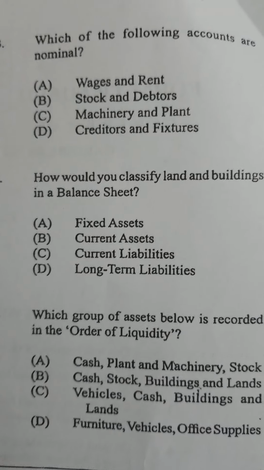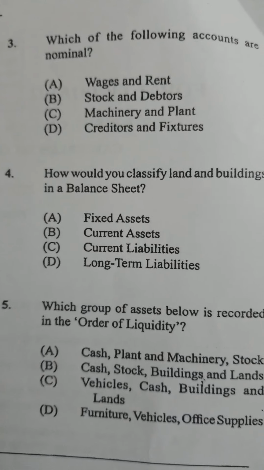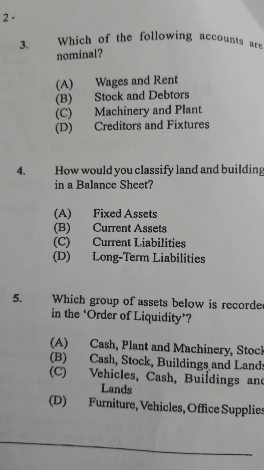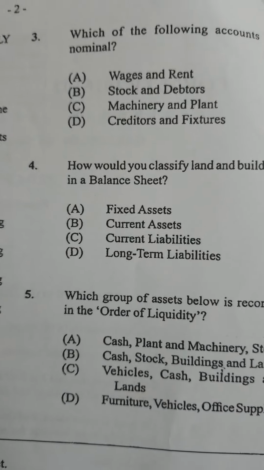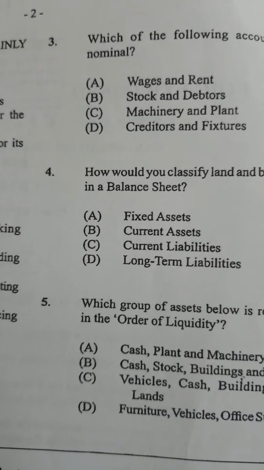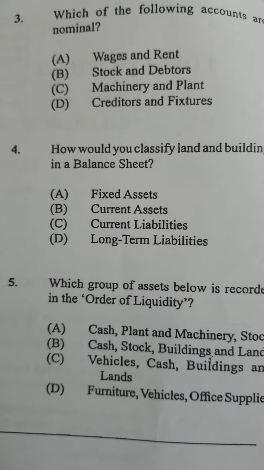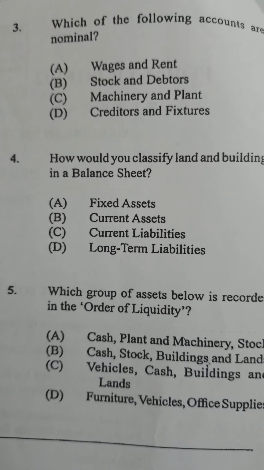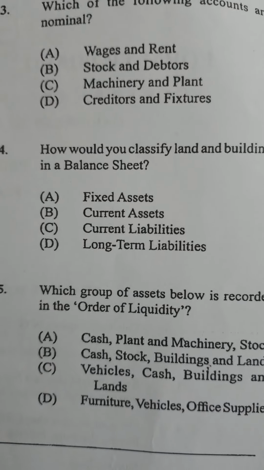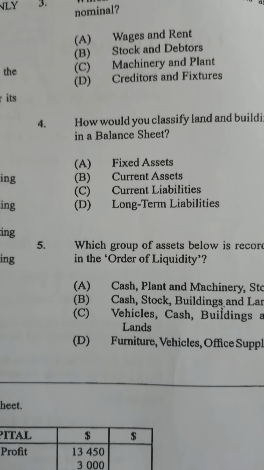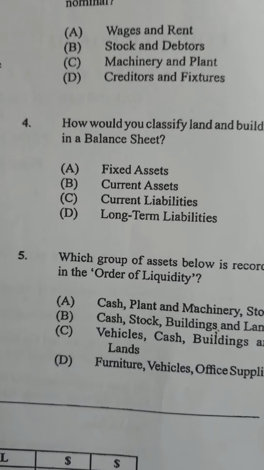Now, land and building, they are property, and property speaks to fixed assets. So the best response would be A, right? Best response will be A, fixed assets. Let's go to number 5.